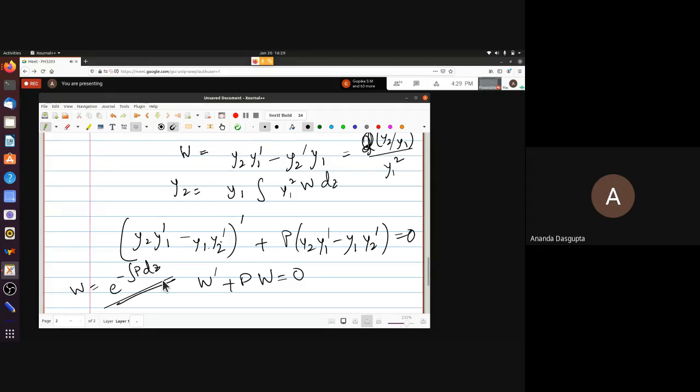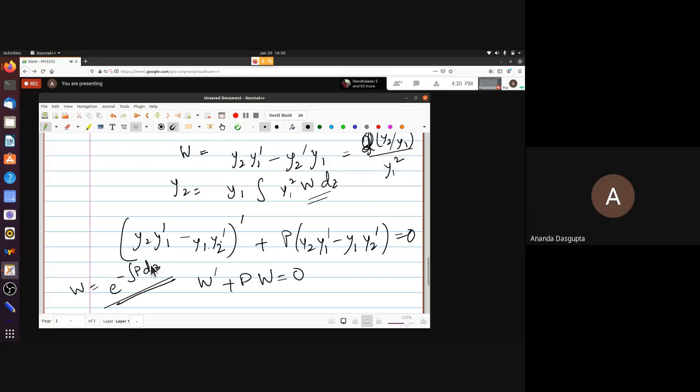So there are 2 points here. First of all, W is given by exponential of the integral of minus p dz, which is what is going to sit here to give you y2 from y1. So even if y1 were a regular function, if W had an essential singularity, then y2 will end up with an essential singularity. If p has more than a simple pole, even after integration, it will still have a pole.